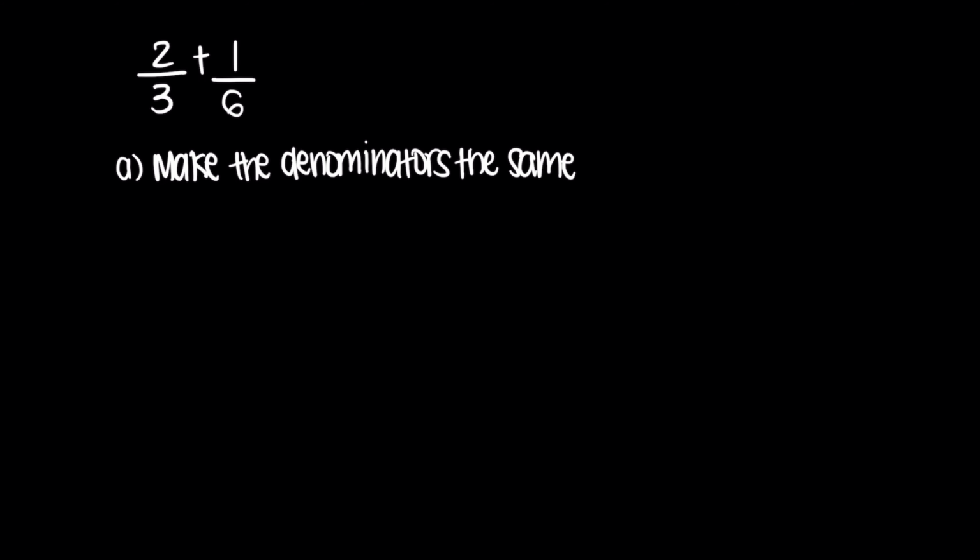So essentially, we're trying to find a common denominator for both the denominators 3 and 6. So how about the denominator that is the lowest common multiple of both 3 and 6? Right? That would make a lot of sense. In this case, it would be 6, since the LCM of 3 and 6 is 6.